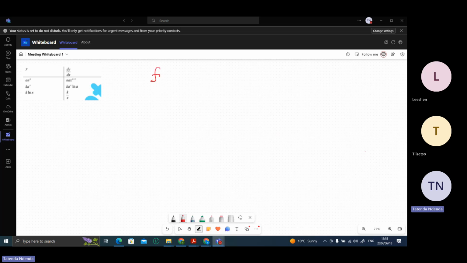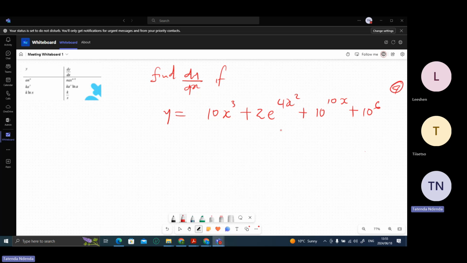Find dy over dx if y is equal to 10x cubed plus z e to the power of 4x squared plus 10 to the power of 10x plus 10 to the power of 6. That's basically 4 marks. I'm giving you maybe 5 minutes. Let's try it.